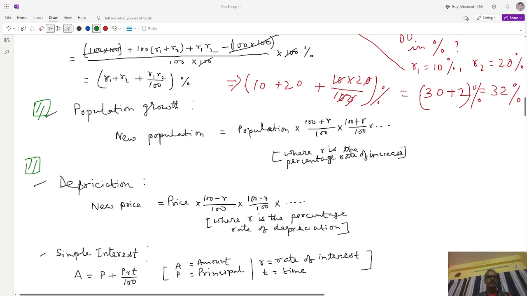Already I told you that these are the same cases. The language is different, but the concept is as it is. So the new price will be equal to price into 100 minus r divided by 100 into 100 minus r divided by 100 into dot dot dot, and so on, where r is the percentage rate of depreciation.